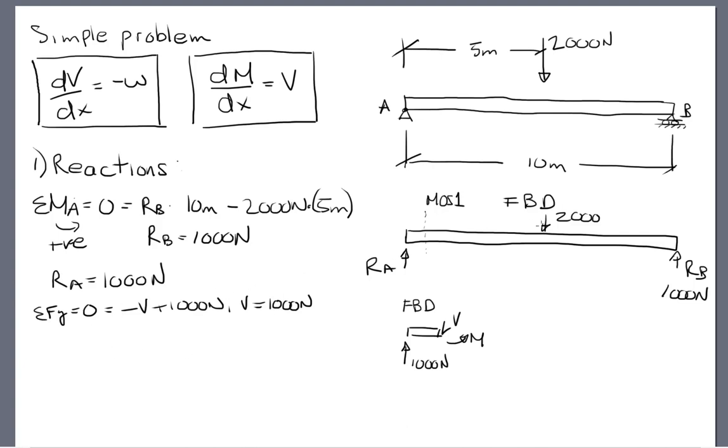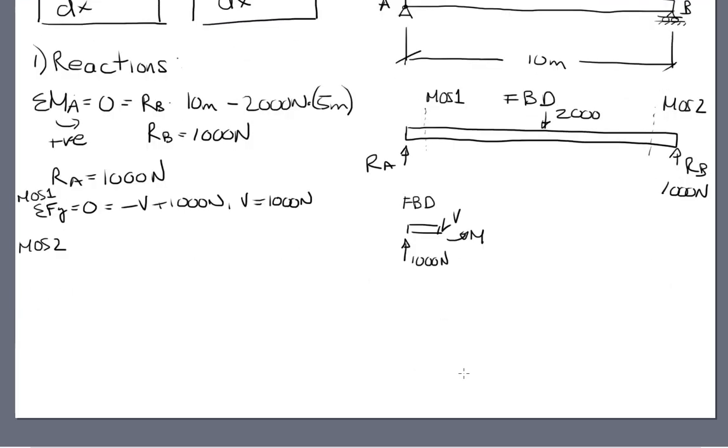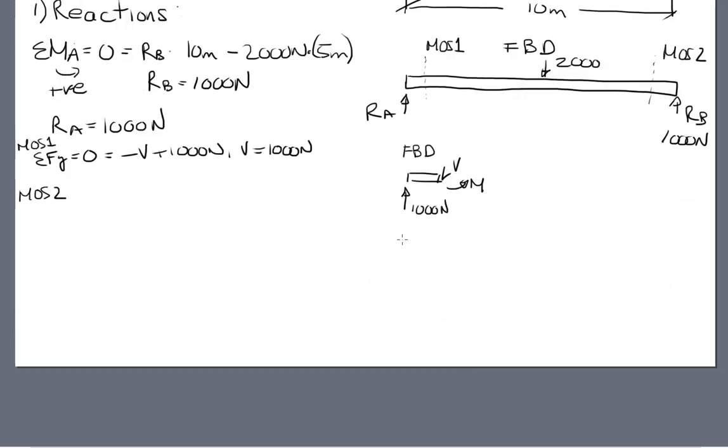So let's do MOS2, method of sections 2, over here. Sorry, this was MOS1 here, and now we're going to go MOS2. So we're going to get 1,000 newtons, and this is the positive direction for shear according to our convention.